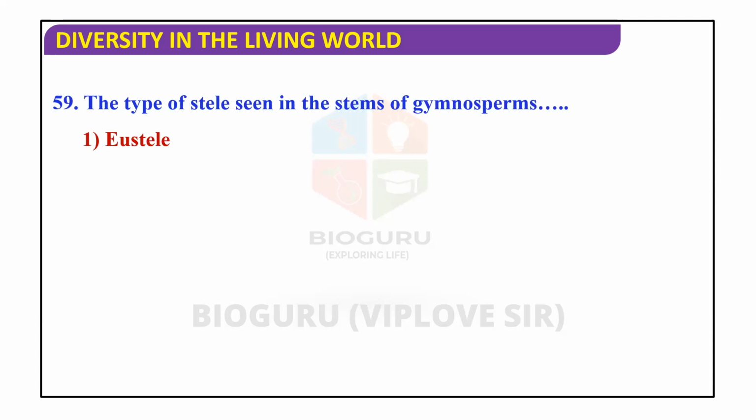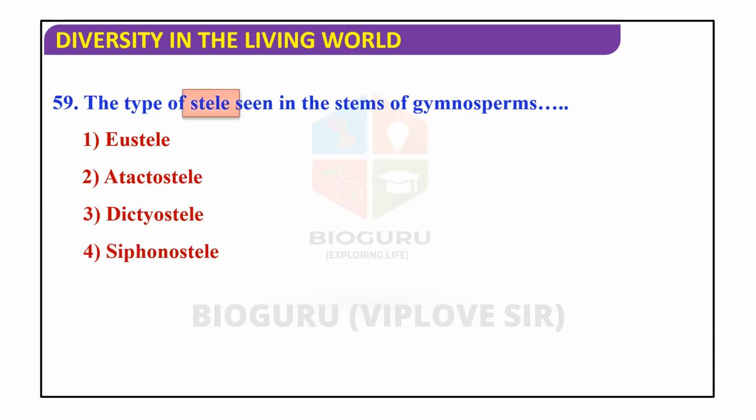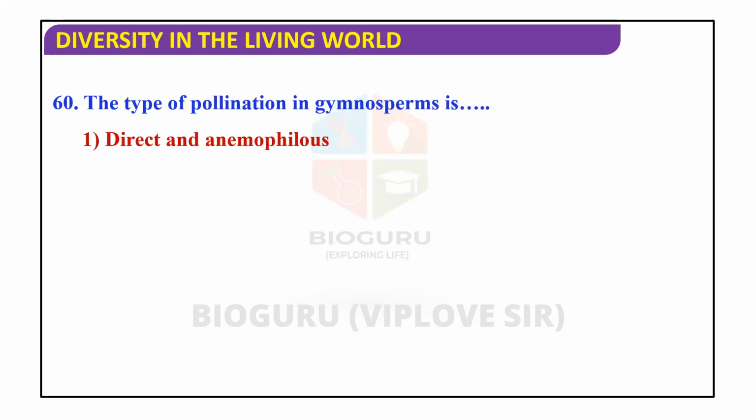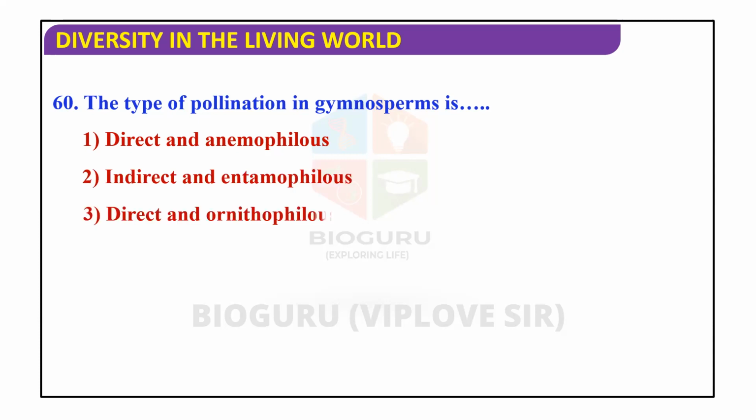The type of stele seen in the stems of gymnosperms: eustele, atactostele, dictyostele, siphonostele. Yes, it is eustele, true stele. The type of pollination in gymnosperms is direct and anemophilous, indirect and entomophilous, direct and ornithophilous, indirect and ornithophilous.